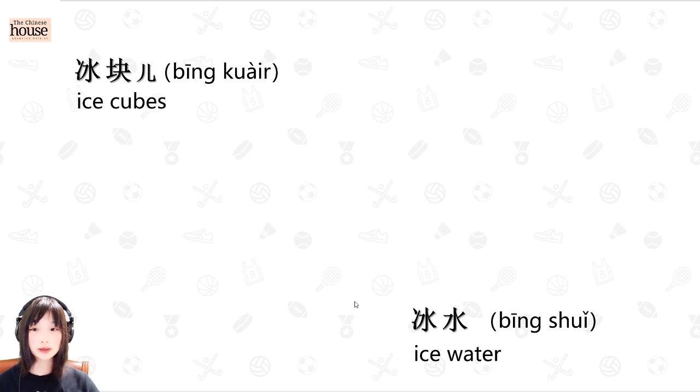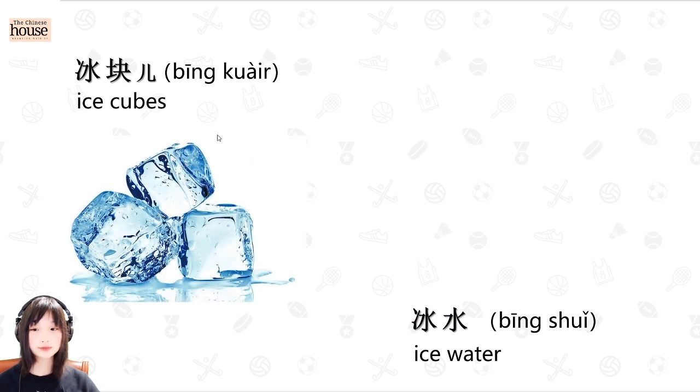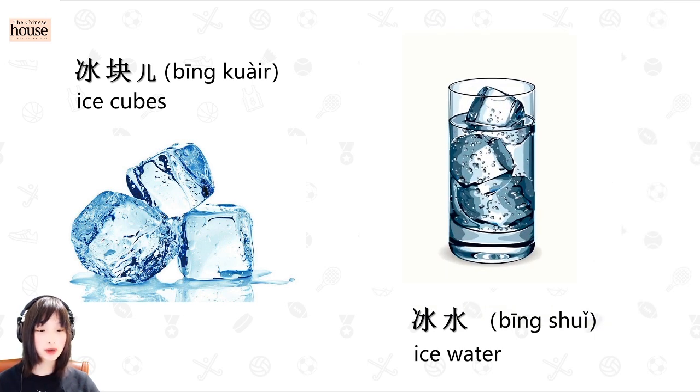Ice cube, 冰块. Sometimes you can call it 冰块儿, you can omit the R here, just call it 冰块, but most of the time people call it 冰块. Ice water, 冰水.